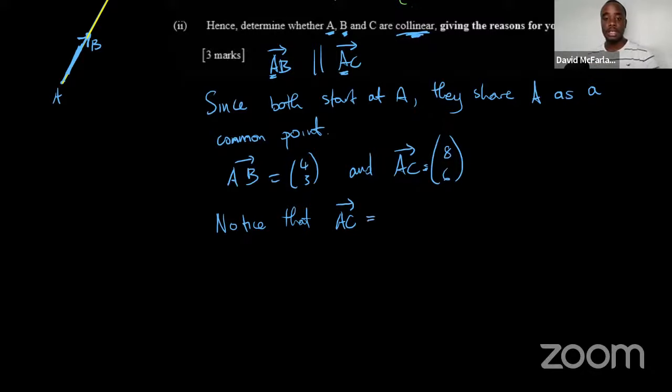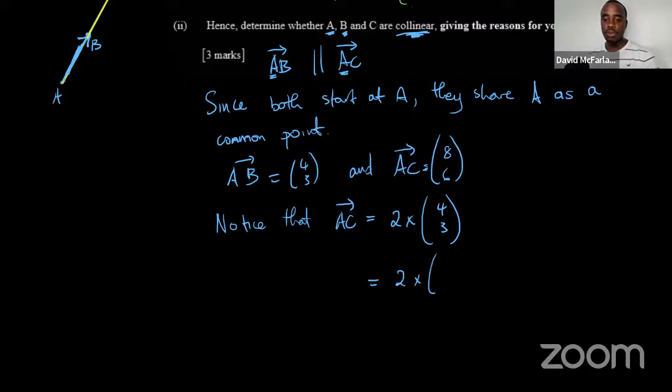That is it. So AC is equal to 8, 6, but you could say that 8, 6 is 2 times 4, 3. 2 times 4 would give you 8. 2 times 3 would give you 6. Okay? So if that's the case, what do we know? We already know that AB is 4, 3.